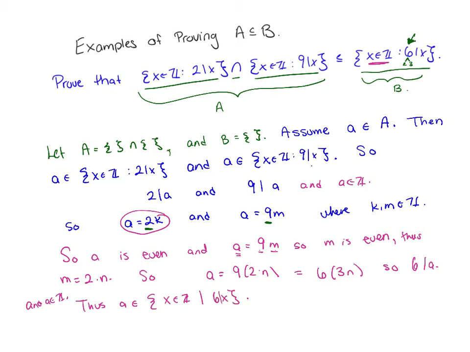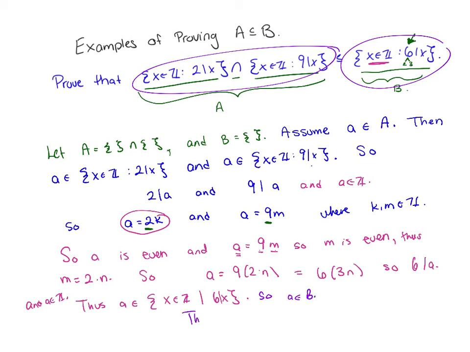So what did I do? I started with something in A. I showed it's in B. Thus, we can conclude that because I started with an arbitrary element in A and got the fact that it was in B, that every element in A is also in B, therefore A is a subset of B. So I definitely encourage you to go back, look through this proof, make sure you can see where all the lines come from, and think about this as proving an if-then statement.